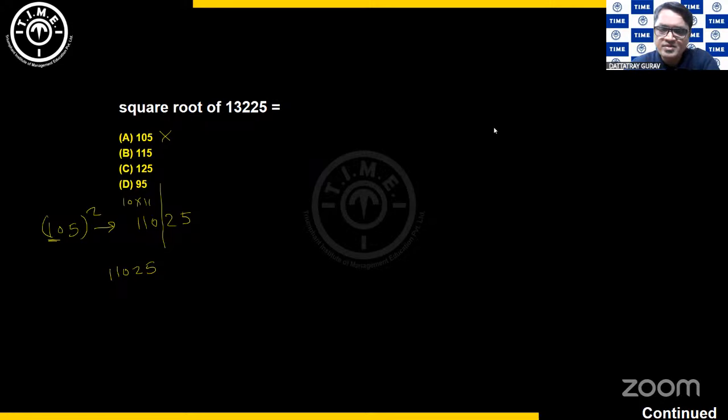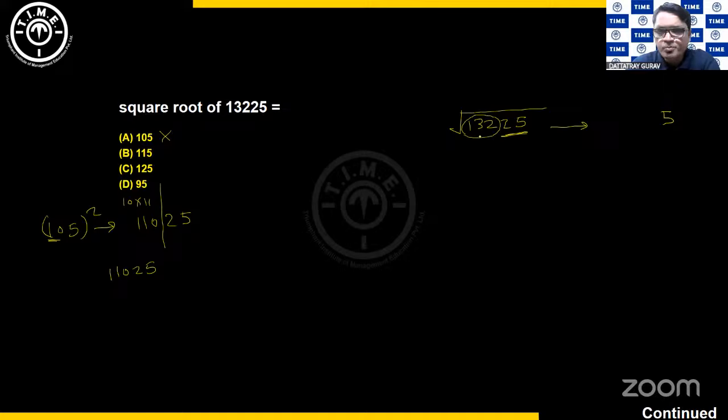Now, the second method is something like this. Just reverse the process. 13225. My number ends with 25, so the answer must end with 5. Now, other than 25, what is the number here? 132.